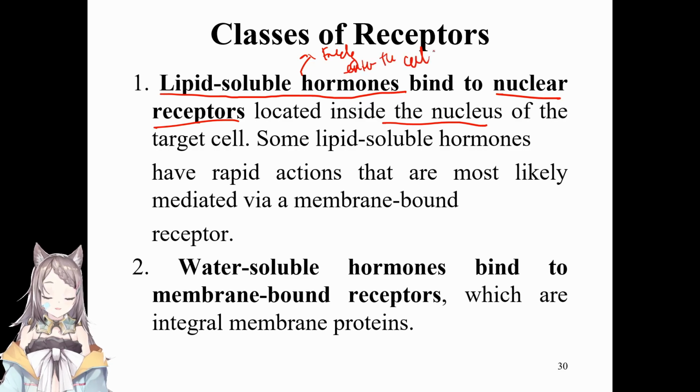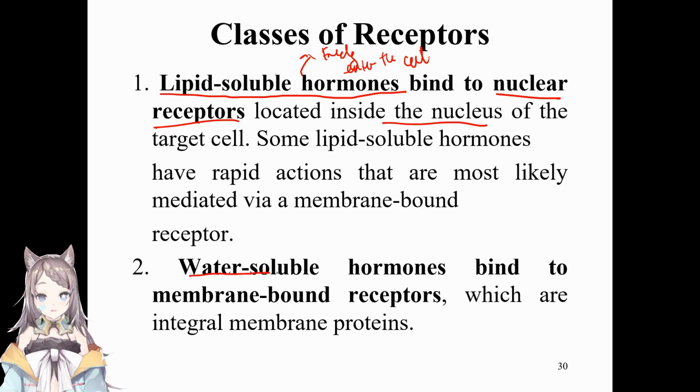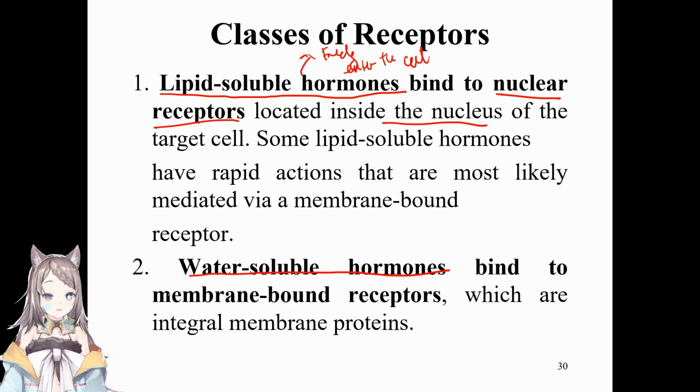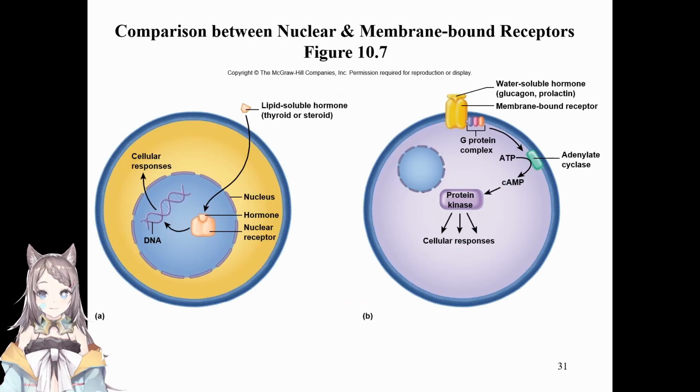They do not need to pass through any other systems. Water-soluble hormones, on the other hand, have difficulty entering the cell. That is why instead of going directly to the nucleus, they bind to receptors found on the cell membrane instead. Okay? So this is the difference between our lipid-soluble hormone and our water-soluble hormone.